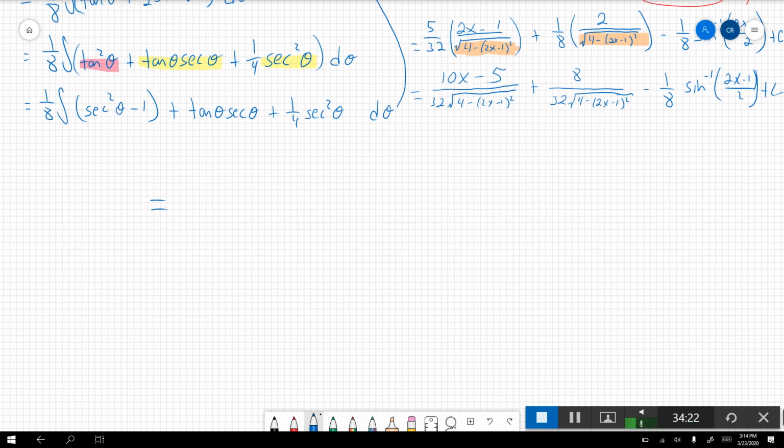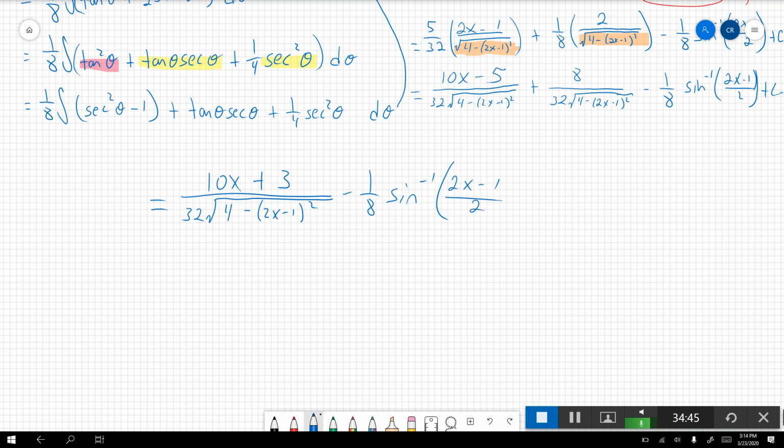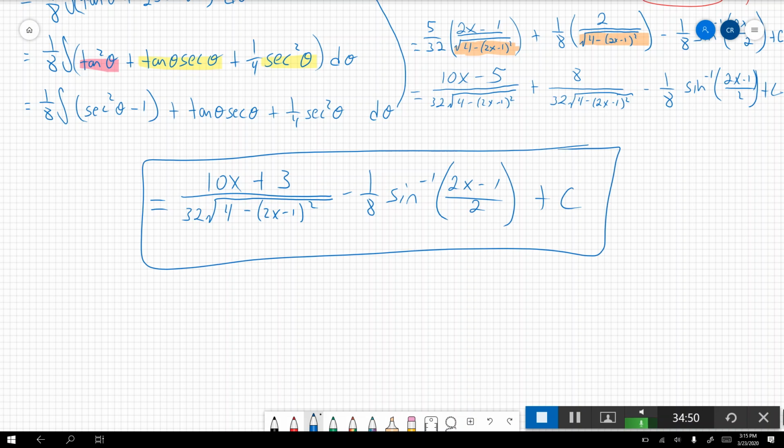So 10x minus 5 plus 8 is going to get me 10x plus 3, all divided by 32 multiplied by my radicand, the square root of 4 minus (2x minus 1) squared, nice, minus 1/8 multiplied by sine inverse of (2x minus 1) all divided by 2, and then plus C. Bam! Look at that. That is amazing. That is the answer that I want to see.